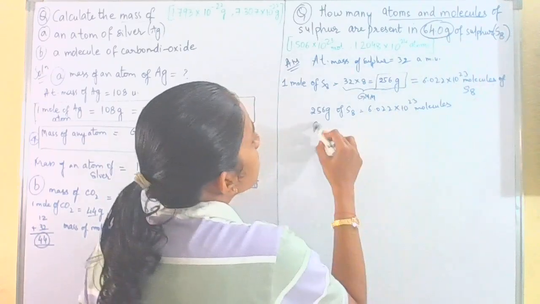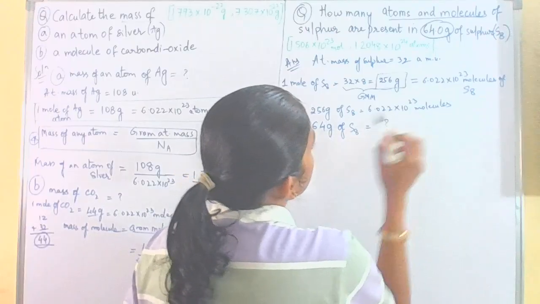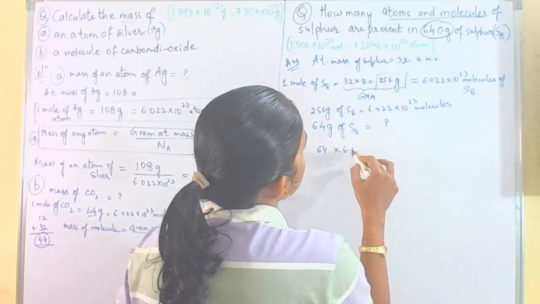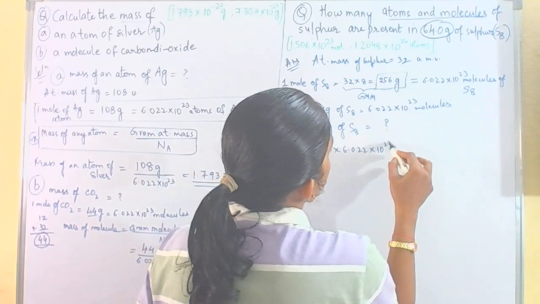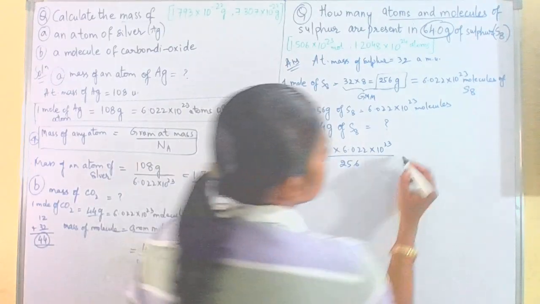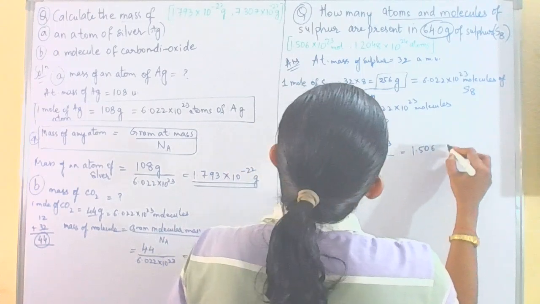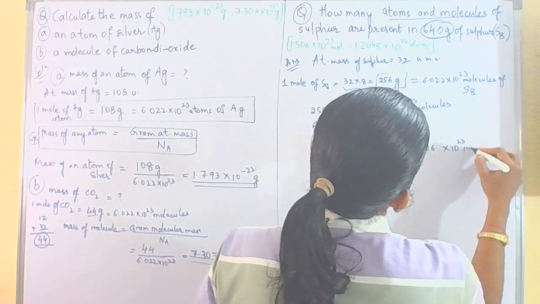Then 64 grams of S8 is equal to how much? 64 into 6.022 into 10 to the power 23 by 256, which is equal to 1.506 into 10 to the power 23 molecules.